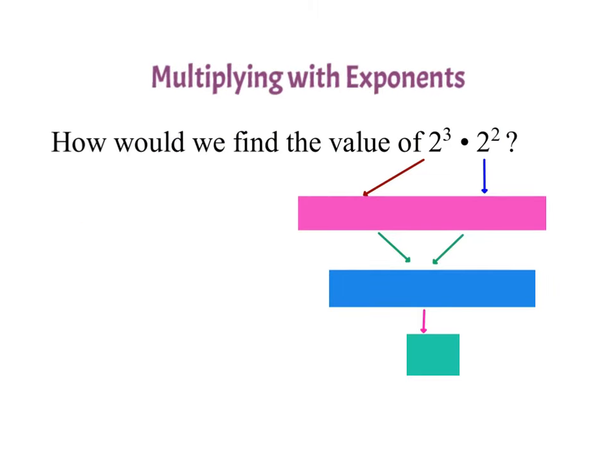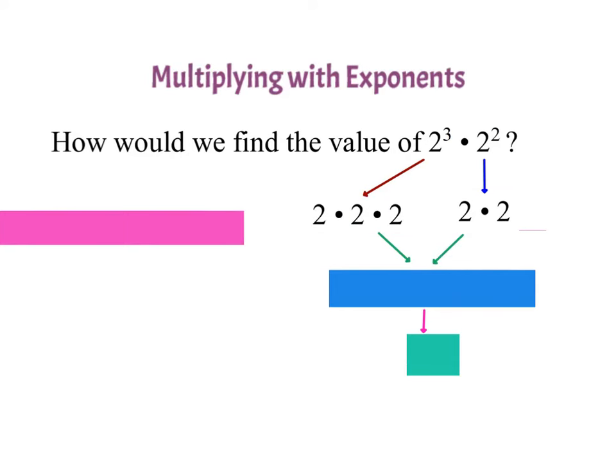Okay, so let's look at when we're multiplying with exponents. How would we find the value of 2 to the third times 2 to the second? Well, when I think about what each of those means, 2 to the third power means 2 times 2 times 2. 2 to the second power means 2 times 2.